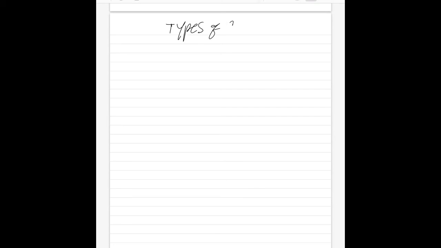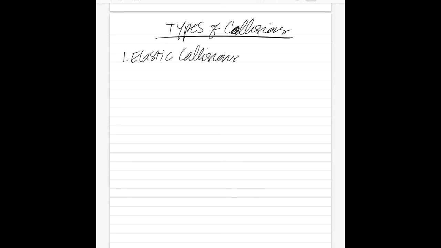Types of collisions. Okay, so the first type is called elastic collisions. This is where kinetic energy is conserved.